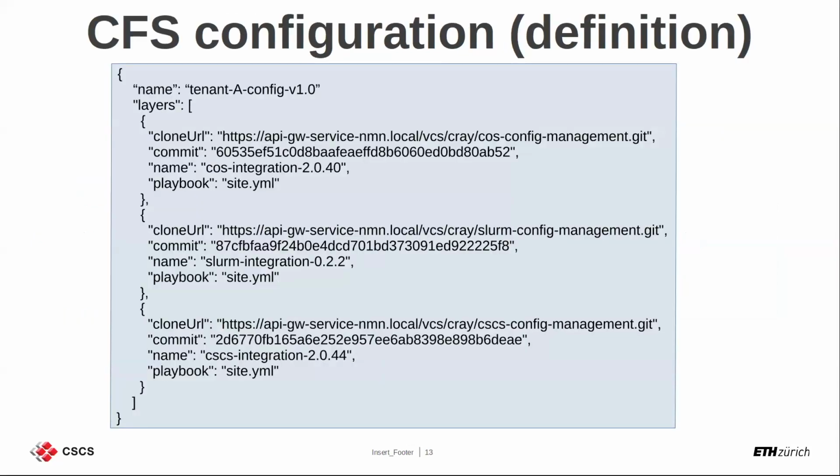And this is how a CFS configuration looks: another JSON with a name and a set of layers. And again, the layers are run from top to bottom. This is important because if you have a layer that depends on another one, you need to be careful with the order.